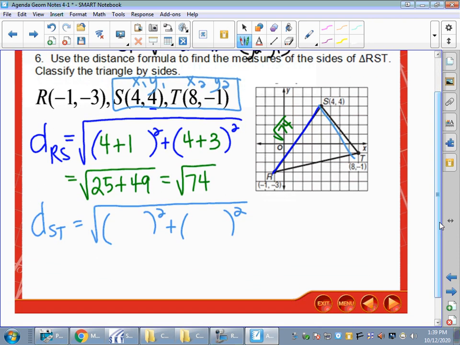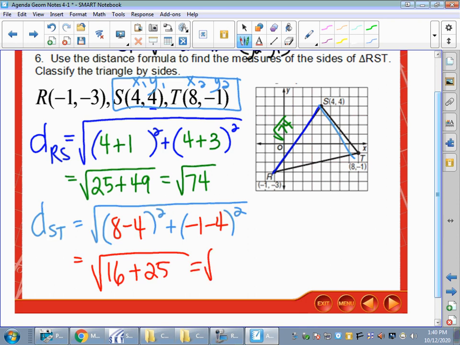So after I do that, I guess I should probably do it, huh? All right, so 8 minus 4 and negative 1 minus 4. So ST is going to be something like 4 squared is 16. Negative 5 squared is 25. So that's going to be the square root of 41. So at this point, I have 2 sides. Neither of them are congruent.